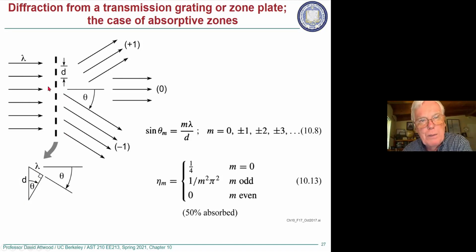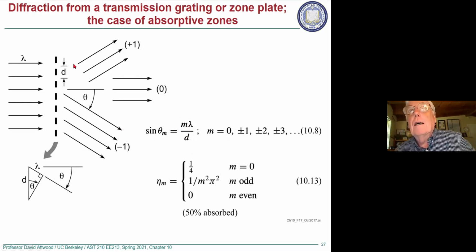For instance, between this ray and this ray, you could make this little triangle, where d is the distance from the middle to the middle of the open zone. The extra path length this way has to be a wavelength for constructive interference. And this is the period, okay? And so what is that angle? It's a right triangle. You solve for the sine, and this is what you get. So these various orders are going to satisfy this grating equation. So it's different than the Bragg equation, okay?